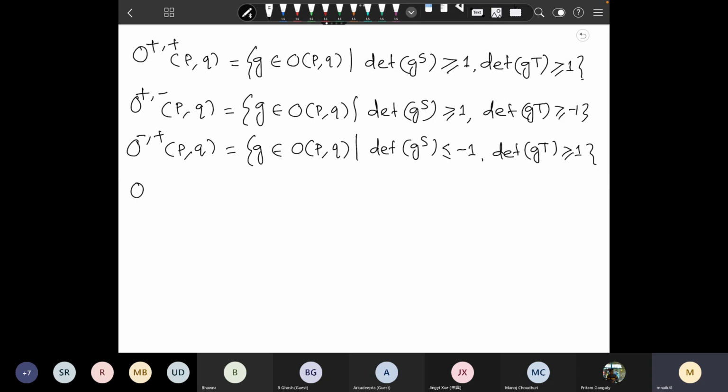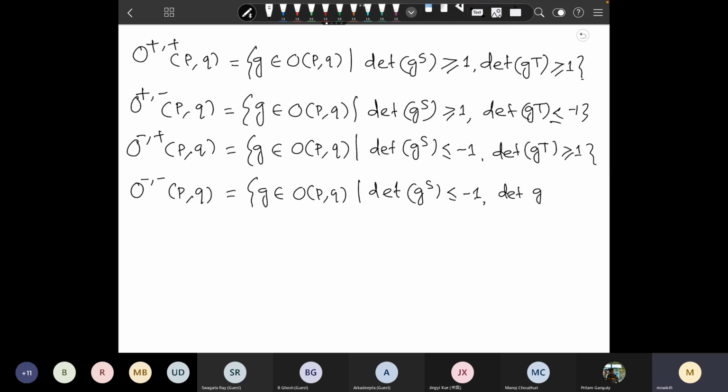Now O minus minus (p,q) is the set of g belonging to O(p,q) such that, after correcting a mistake a student pointed out, determinant of g_s is less than or equal to minus 1 and determinant of g_tau is less than or equal to minus 1.